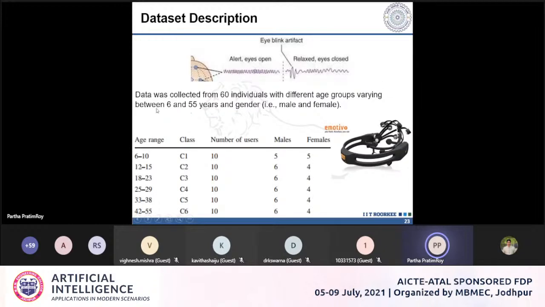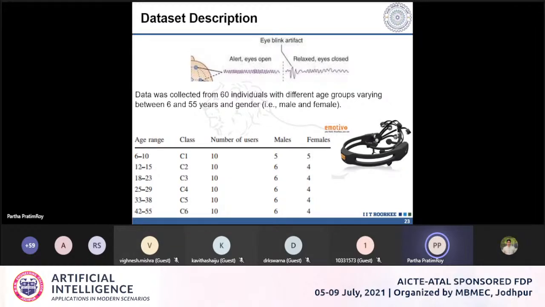Note that these experiments are done in a lab. There is no noise, and the users are sitting in relaxed positions.